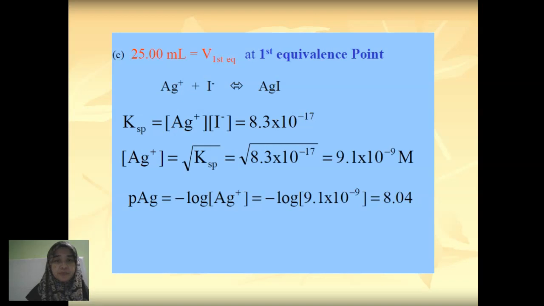Then the equivalent point for the first reaction, AgI, where the Ksp for AgI is 8.3 times 10 to the power of negative 17.